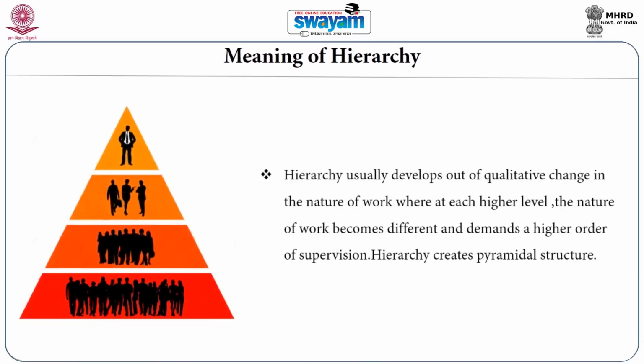And if you put it in terms of a figure, you see that hierarchy forms a pyramidal structure because the power flows from top to the bottom. This is what we can see in hierarchy. This is the traditional view of hierarchy. Having said that, we'll see how hierarchy can be understood.